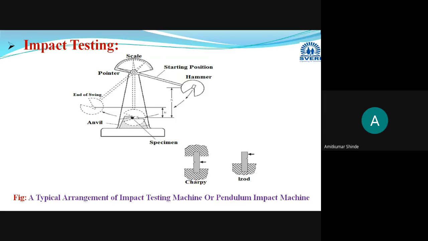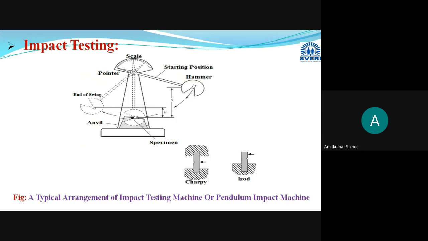Okay, and during this impact test, the ductile material will fail in a brittle manner, and to determine these values we are going to create certain conditions, so that the ductile material will fail in a brittle manner. Which conditions are we going to create, or what will be our test conditions?